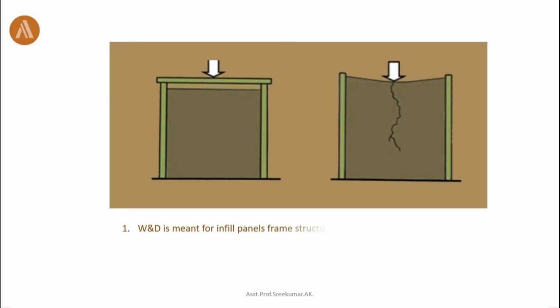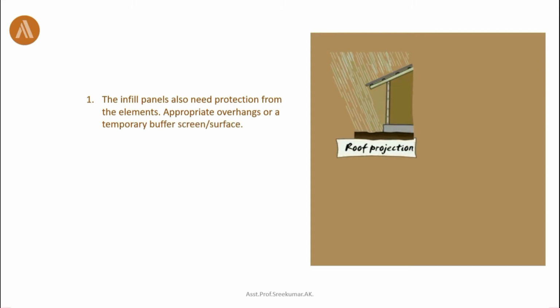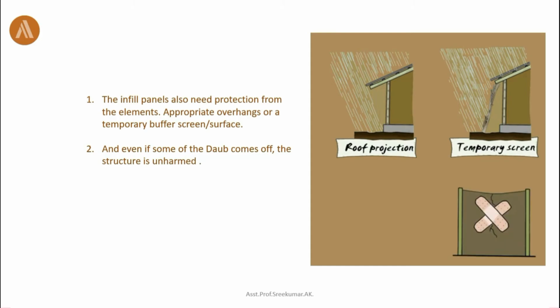Wattle and daub is meant for infill panels in frame structures and not for load-bearing walls. But these panels also need protection from the elements, such as appropriate overhangs or a temporary buffer screen surface. Even if some of the daub comes off, the structure is unharmed. Simply give it another coat of daub and it's as good as new.